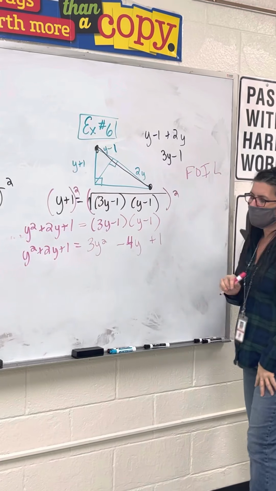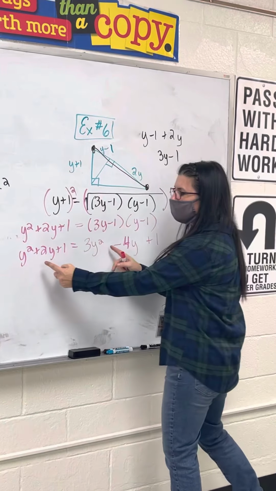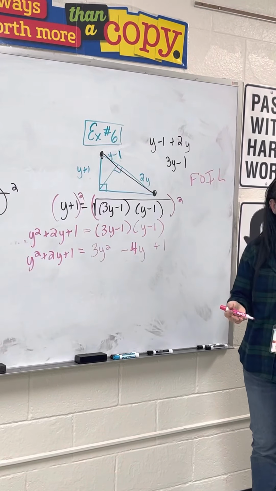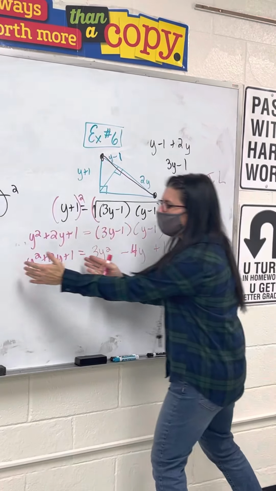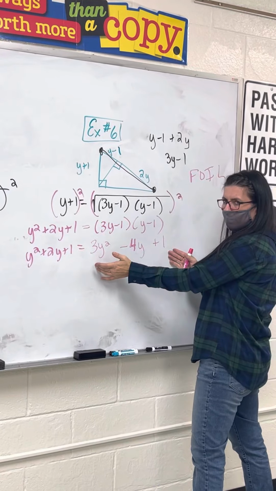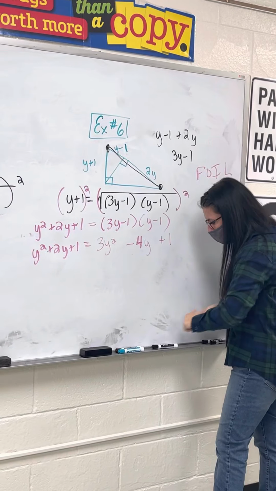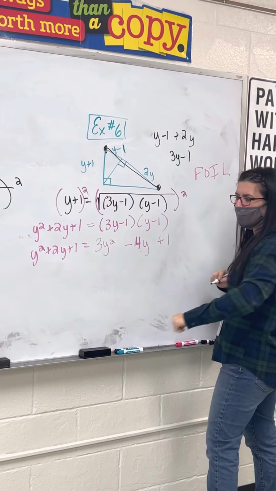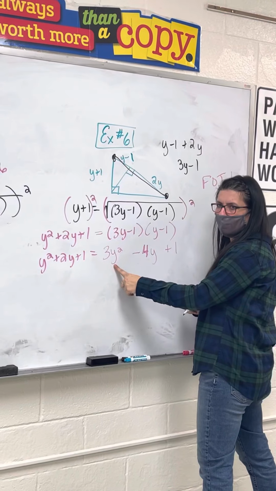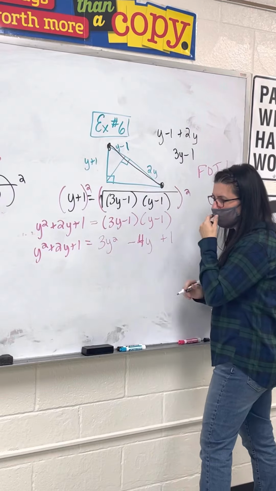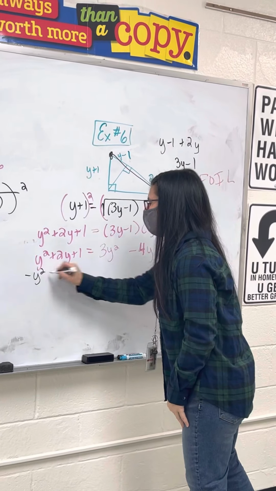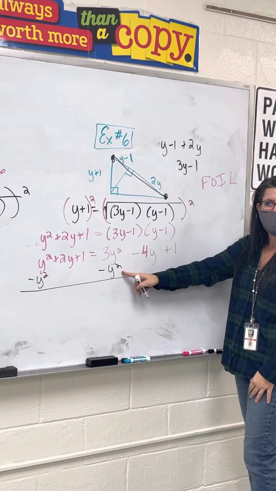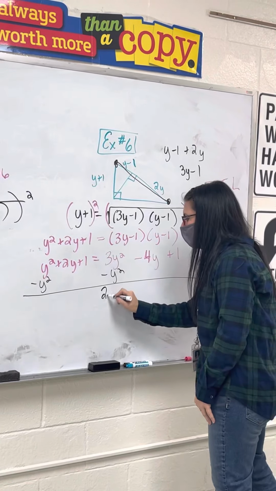Okay, in algebra, anytime you see that you have exponents still here, we're going to put everything on one side because it could be a factoring kind of problem. So I'm going to move all of this over here. So when I subtract y squared and move it over here, what's 3y squared minus y squared? 2y squared.